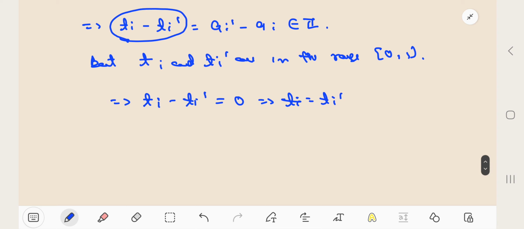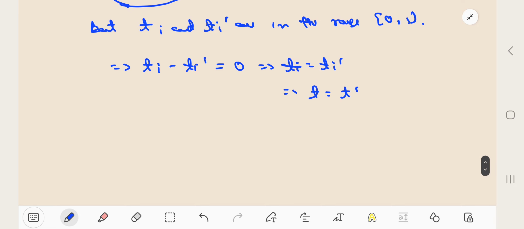If ti equals ti prime, that immediately implies that t equals t prime. And if t equals t prime, that immediately implies that v, which is w minus t, is the same as w minus t prime, which equals v prime, which means that this representation is in fact unique, right?